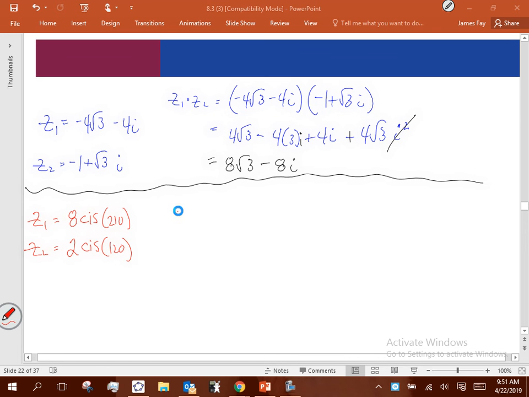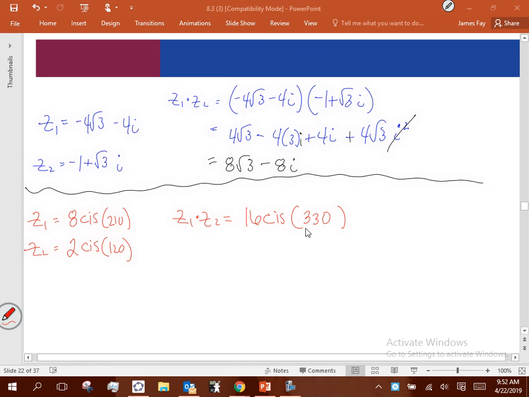What this theorem says is that Z1 times Z2 should be R1 times R2. So R1 times R2 is 8 times 2, which should be 16. Cis now should be 210 plus 120. What's 210 plus 120? 330. So that is the polar form of Z1 Z2.